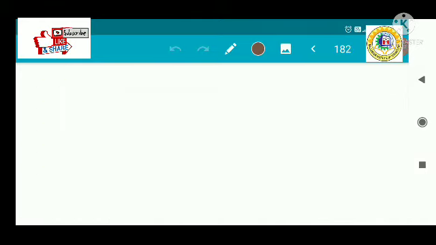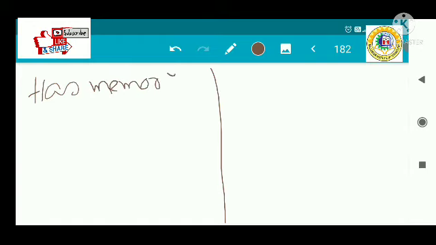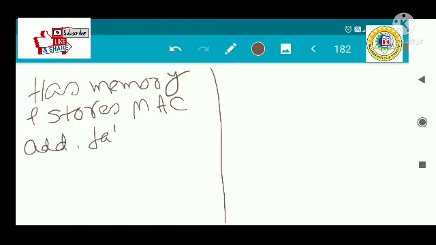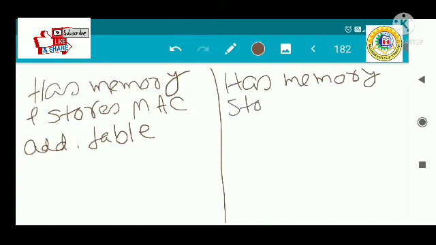The next difference: I have said that in the case of the switch there is a MAC address table. It has memory, and it stores the MAC address table. The router also has memory, and it stores the routing table.